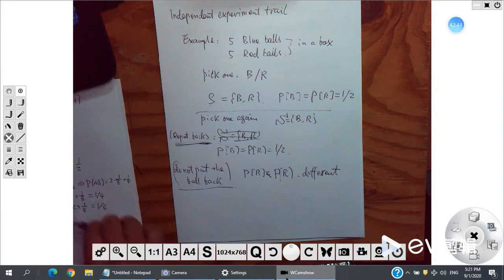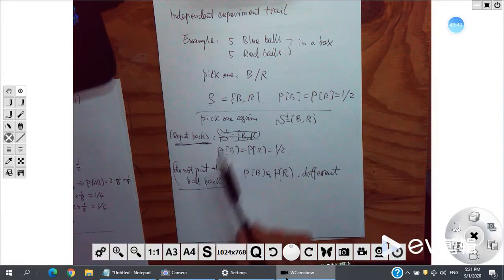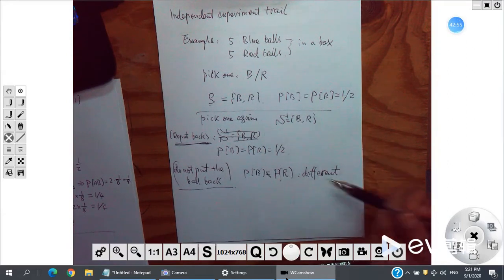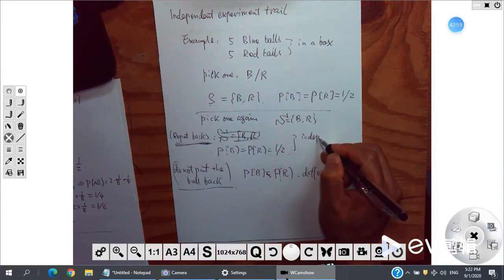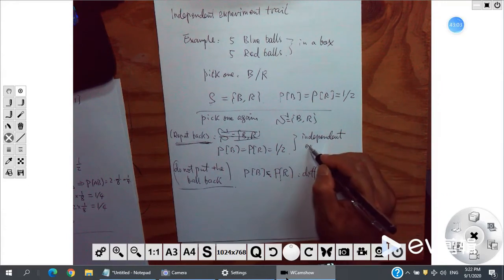We still need to pick a bar from here, but the number of these bars is different, right? So in this case, this is an independent experiment.